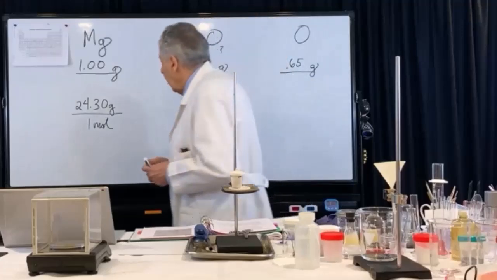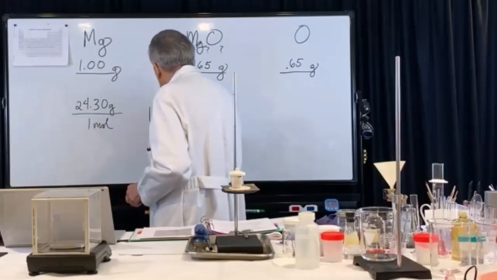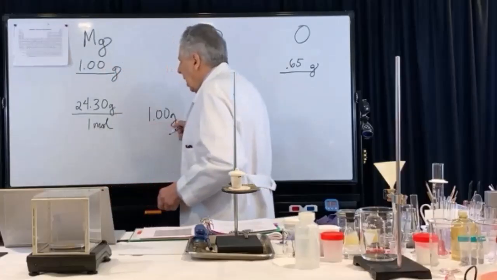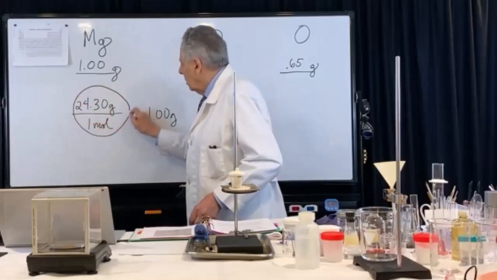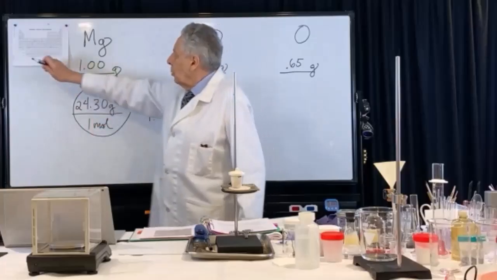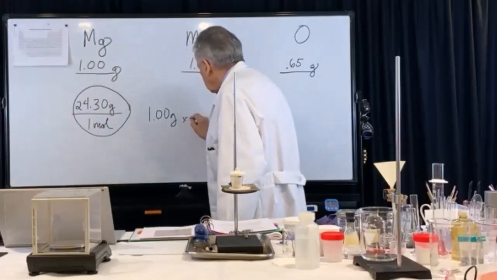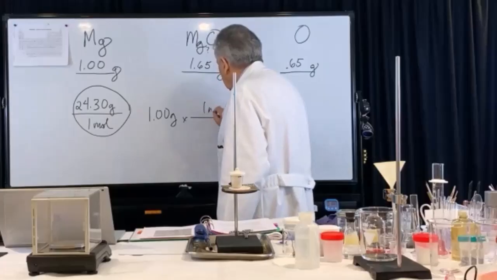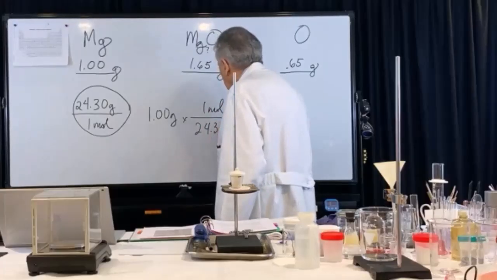So I'm going to take my 1 gram and change it. Well, it's grams right now, and I want moles. Well, this is a ratio. You can write it 24.3 grams per mole, and that's how you usually write it because you see the 24.3 here. But you can also write it 1 mole, 24.30 grams.